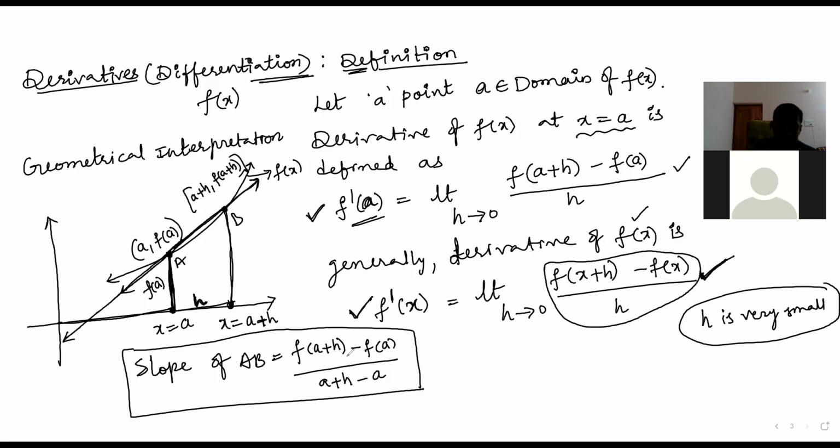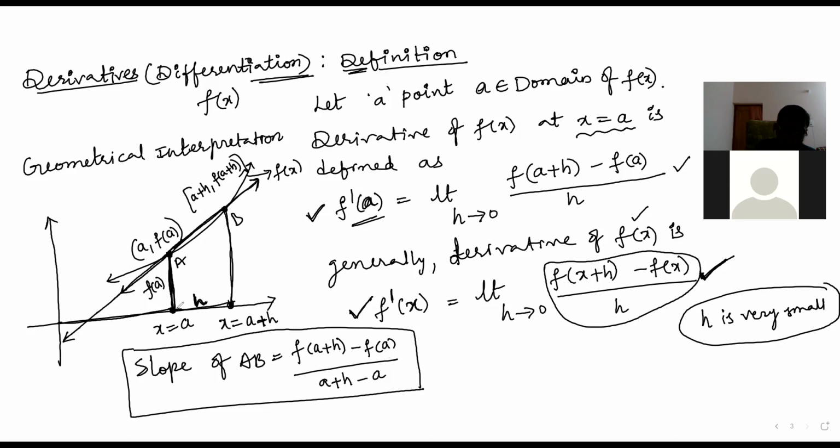This is the slope of AB now. What is this? See here, the limiting value of the slope of AB when h tends to 0. As h tends to 0 means what? h is a very small value, very close to 0.